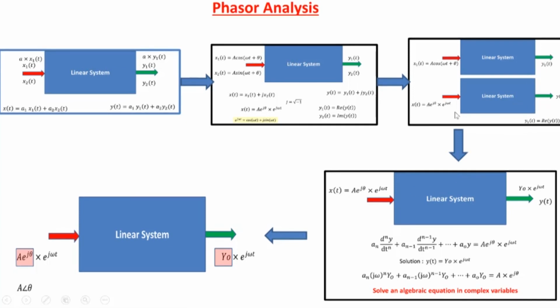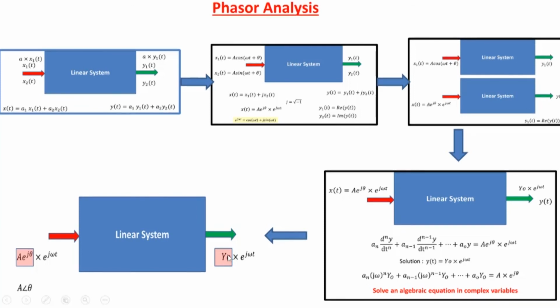Then we said that when you take a signal of this form, a e to the power j theta into e to the power j omega t, the output is also going to be y0 into e to the power j omega t. So e to the power j omega t is there everywhere, and you can temporarily forget about it. And therefore, you can just think about characterizing your system in terms of a e to the power j theta, and then you calculate the response in terms of y0. And then later on, transform it back into the signal that is of your interest.